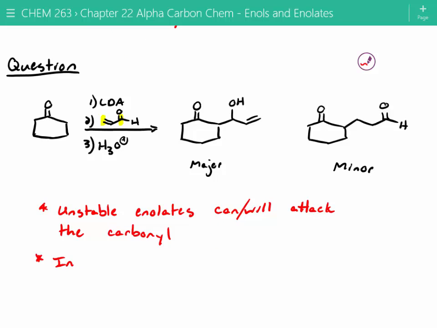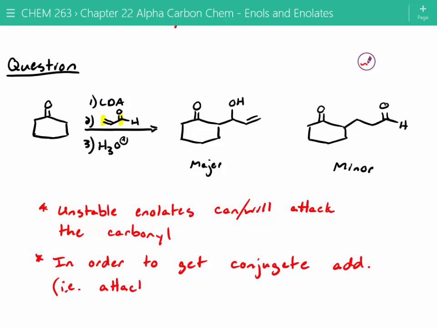In order to get conjugate addition, i.e. beta position attack, we must use a weaker nucleophile.